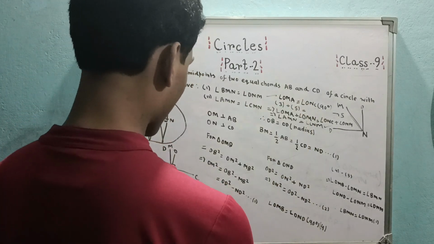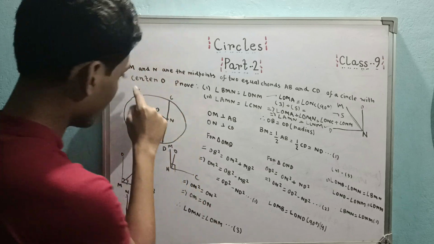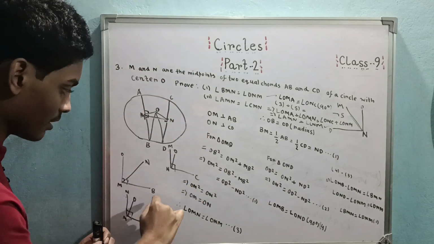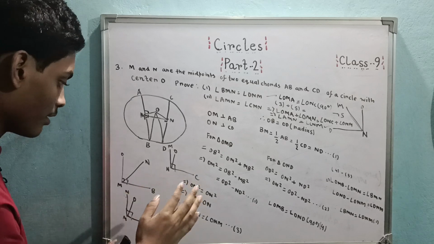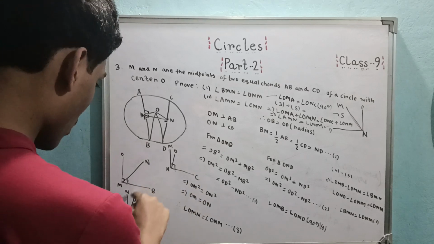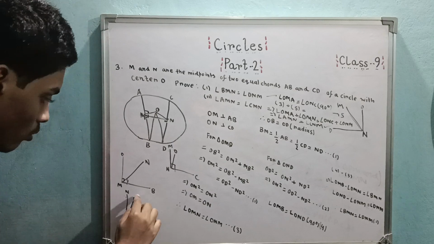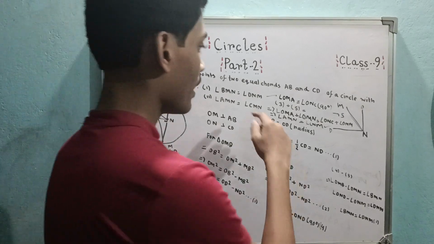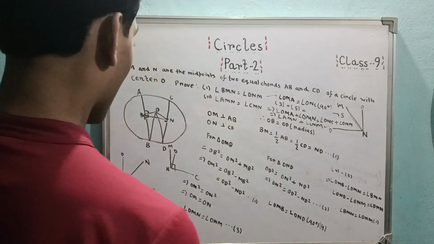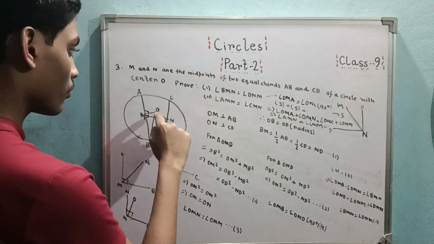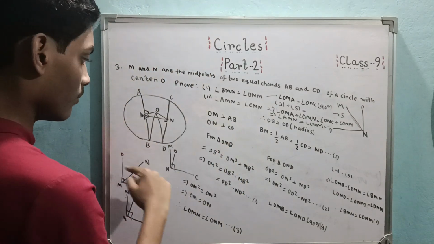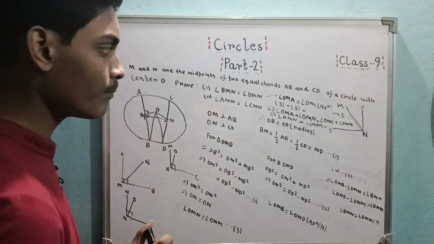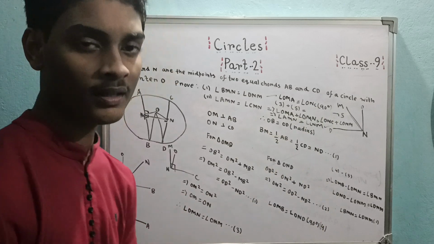Angle OMA plus angle OMN, you are increasing the angle, it will become AMN. And similarly, ONC plus angle ONM together becomes CNM. So angle AMN equals angle CNM.